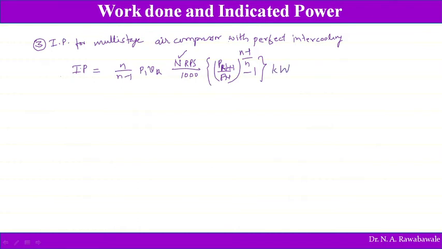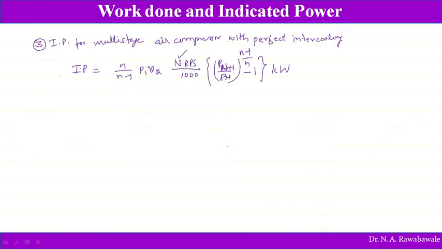So pressure, final pressure minus pre-final pressure to the power of N minus 1 divided by N minus 1. So this is nothing but indicated power for multi-stage air compressor with perfect intercooling.